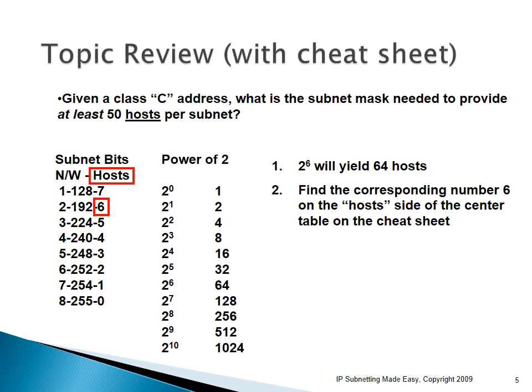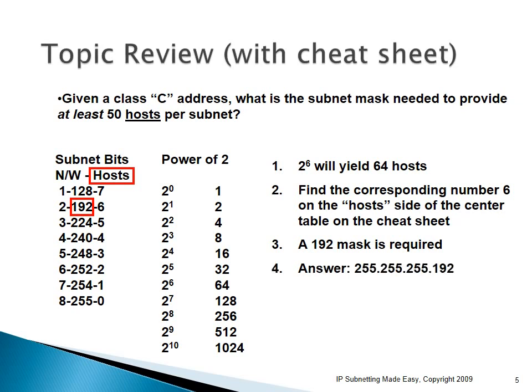We know that a Class C address once again is 255.255.255.something. The cheat sheet tells us that 192 is again that something. Therefore, the answer will be 255.255.255.192.